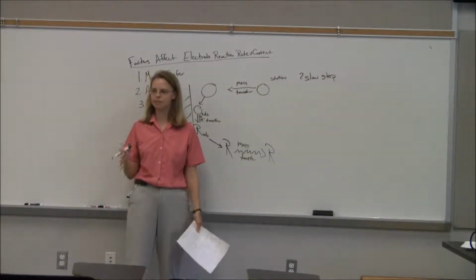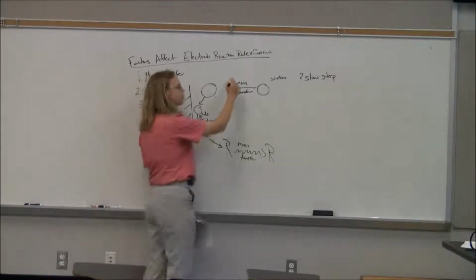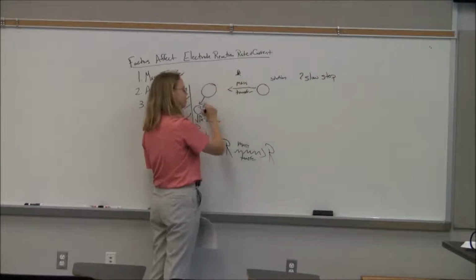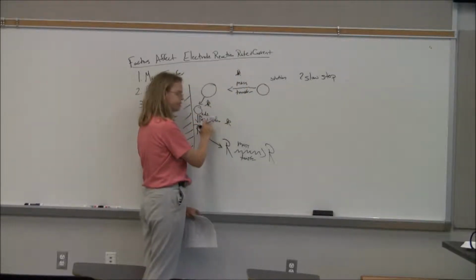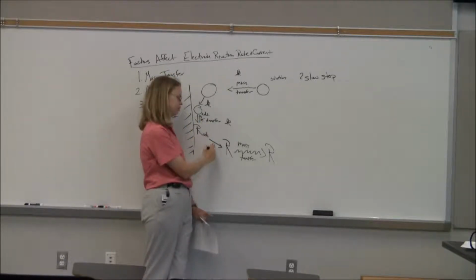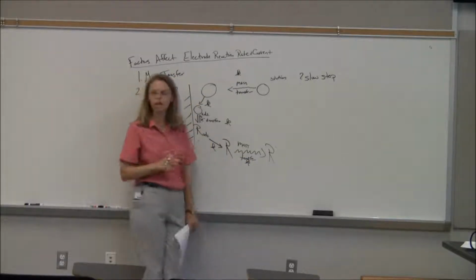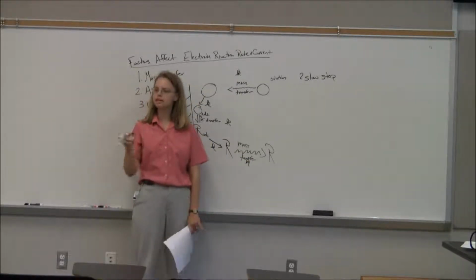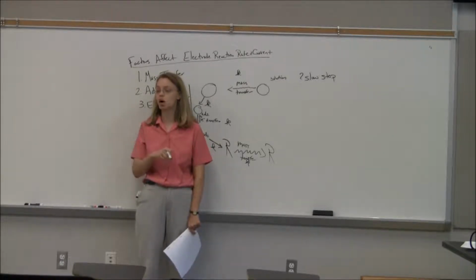There's always the slow step, that's the rate controlling step. And so in this case, there's some sort of rate of mass transfer, there's a rate of absorption, there's a rate constant of some sort for electron transfer. We can get rates for all of these things. And which one controls the process depends on which one is the slowest.